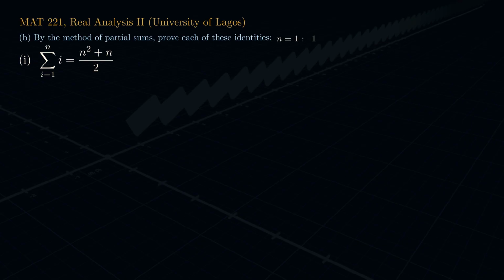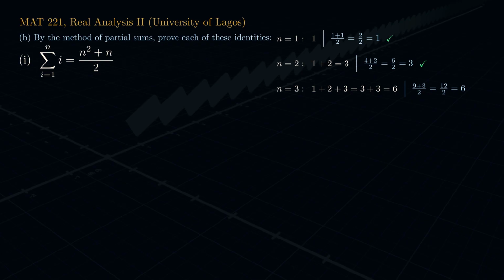n equals 1. The sum is just 1. The formula, 1 squared plus 1 is 2, over 2 is 1. Match. n equals 2. 1 plus 2 is 3. Formula, 4 plus 2 is 6, over 2, 3. Match. n equals 3. 1 plus 2 plus 3 is 6.